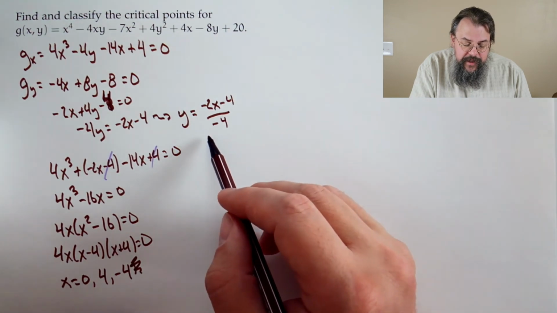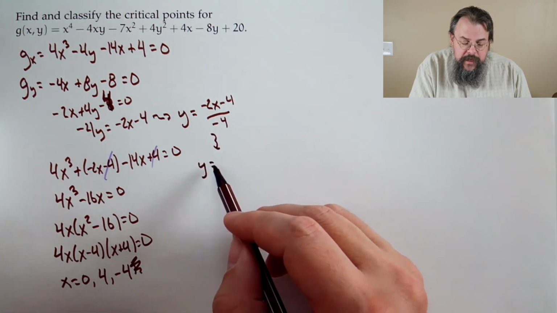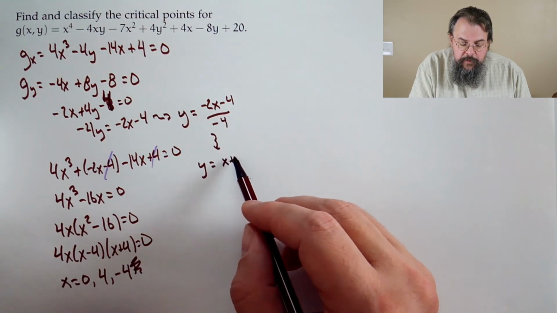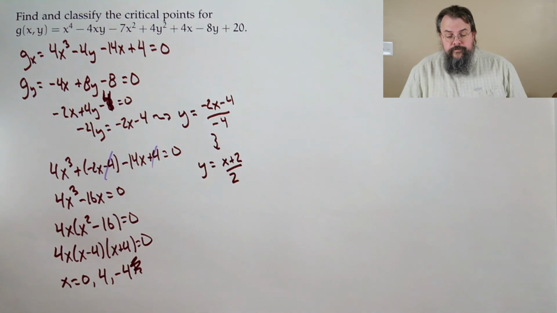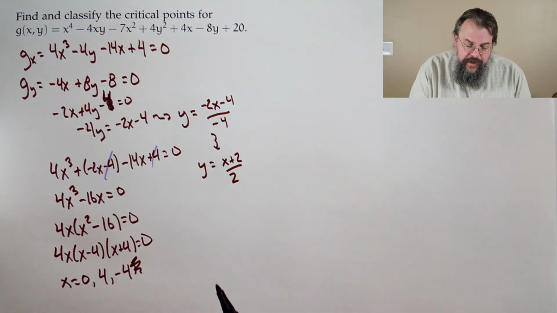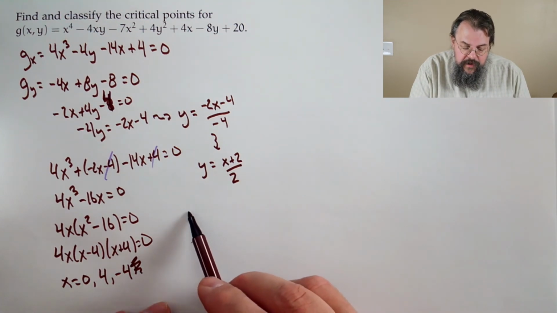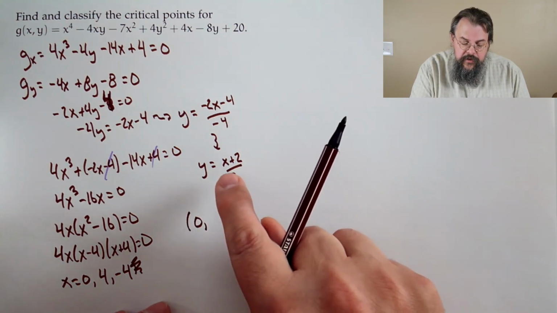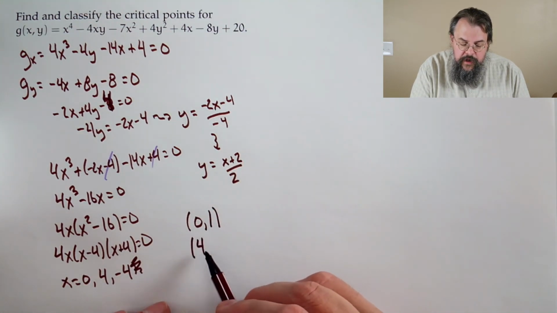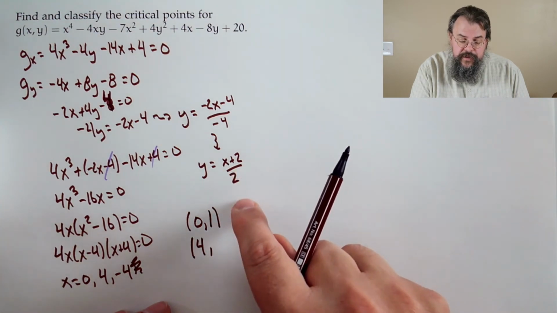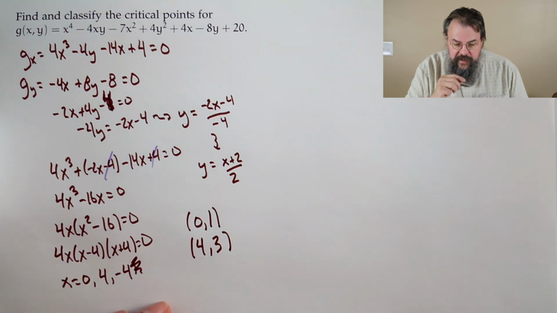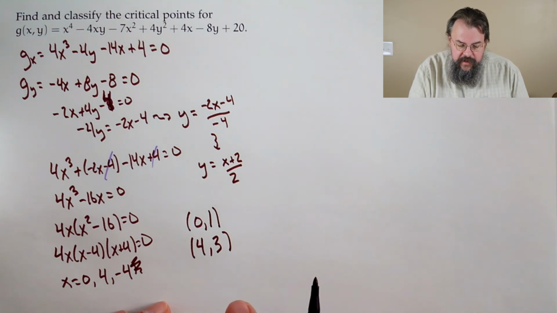That simplifies: factor out minus 2 from top and bottom, and y equals x plus 2 over 2. So let's figure out our coordinates. For 0, 0 plus 2 over 2 makes 1. For 4, 4 plus 2 is 6 over 2 makes 3.